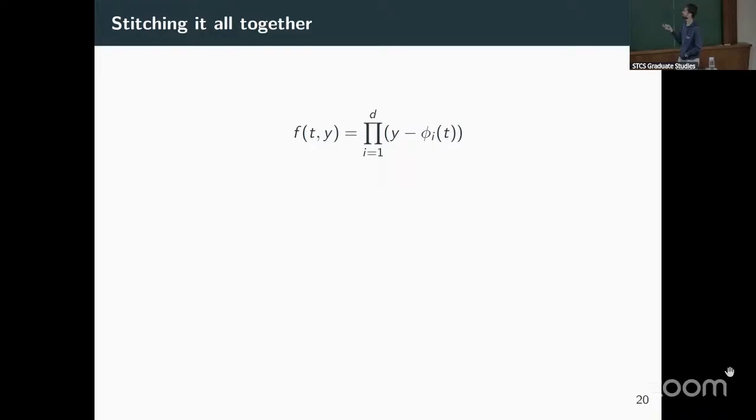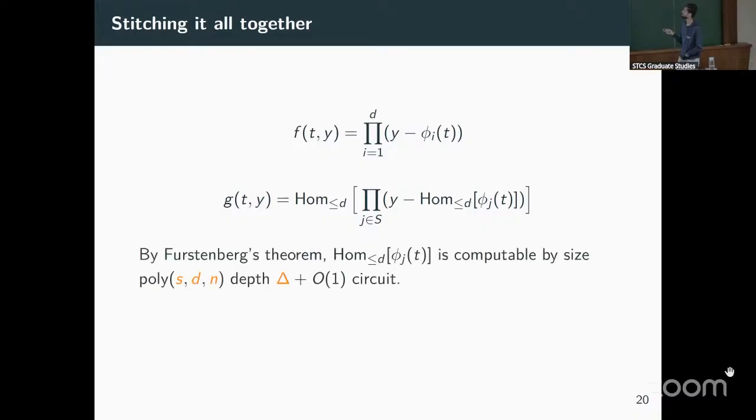As we saw, f factors into power series roots. And we saw earlier that to get our hands on g, we need to compute the top degree d terms of the power series phi j of t. By Furstenberg's theorem, we know that getting the top degree d terms of phi j of t has a small constant depth circuit, of size at most poly of s, t, n and depth delta plus O of 1.